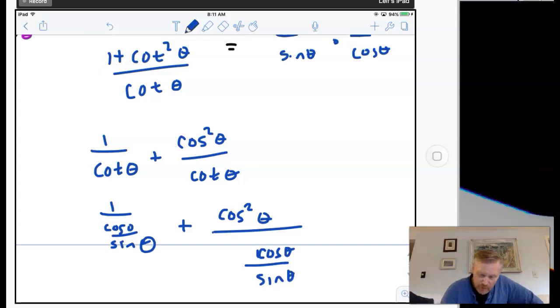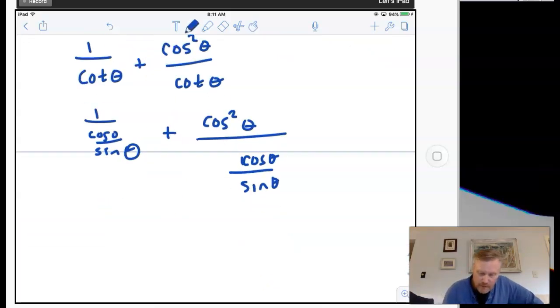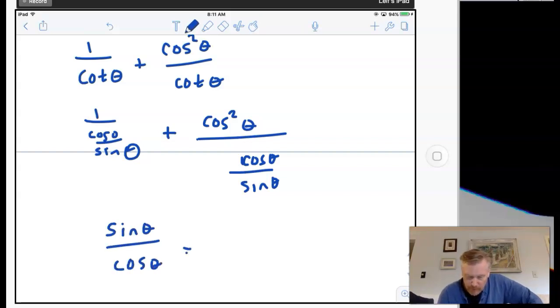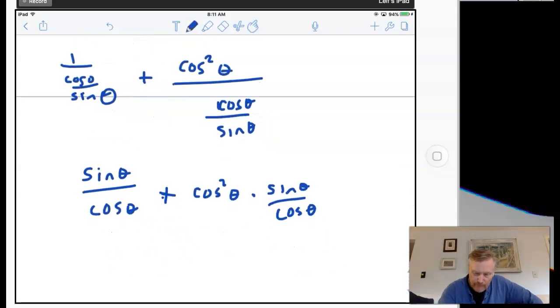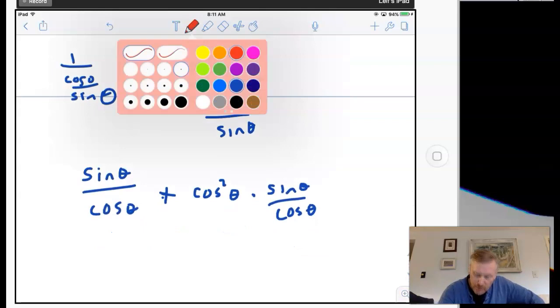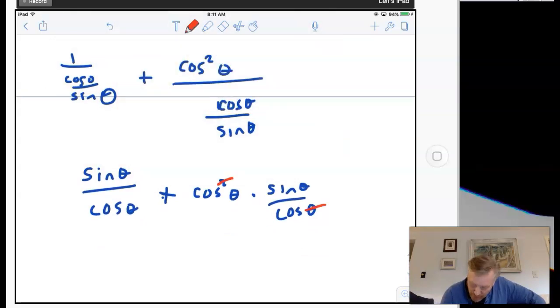So I'm going to flip and multiply quickly, which this one's going to give me sine over cosine. This one, I got cosine squared of theta. If I flip that other one upside down, I get sine over cosine. And then I can cancel out some cosines here. That squared cancels with that.